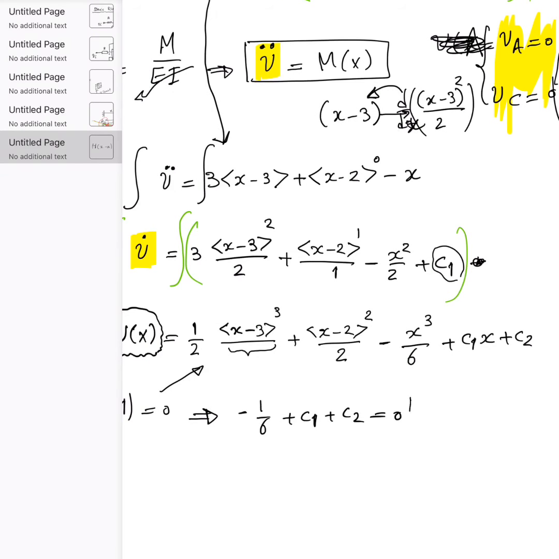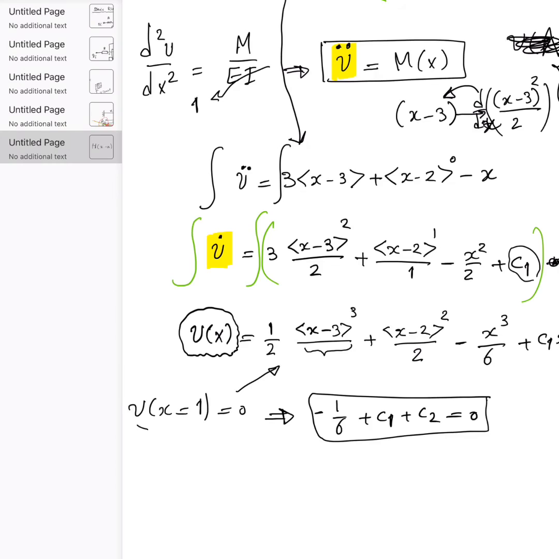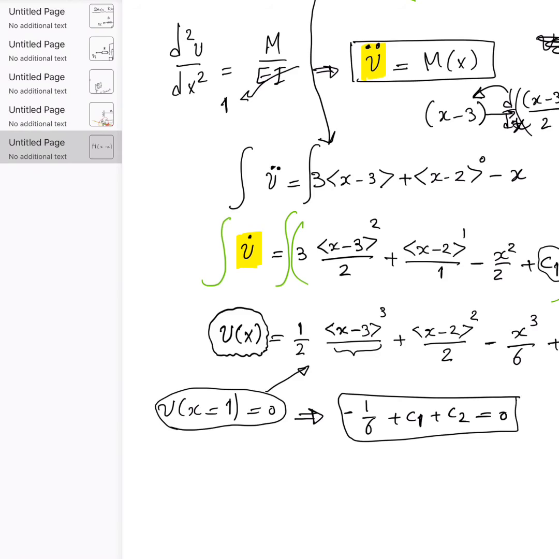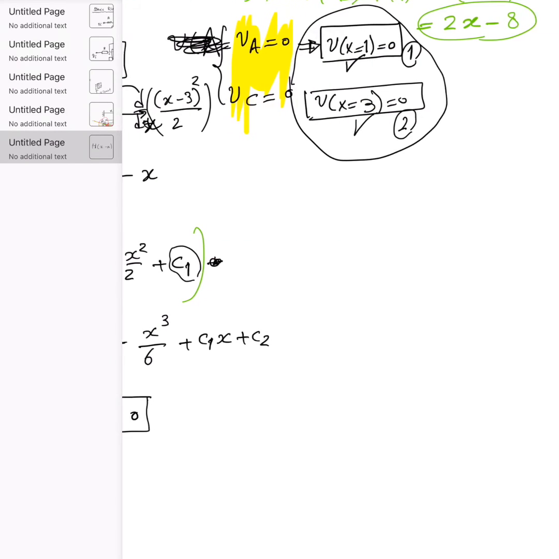This is the equation I get when I apply this boundary condition: V at x = 1 is equal to 0, or deflection at point A is equal to 0. Now let's apply the second condition. It says V at x = 3 is equal to 0.